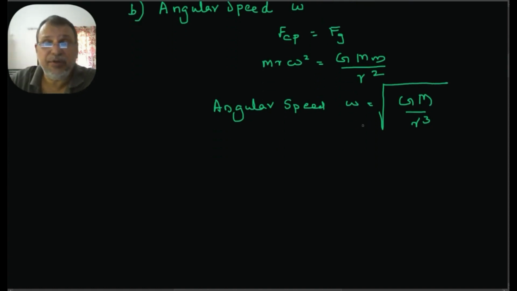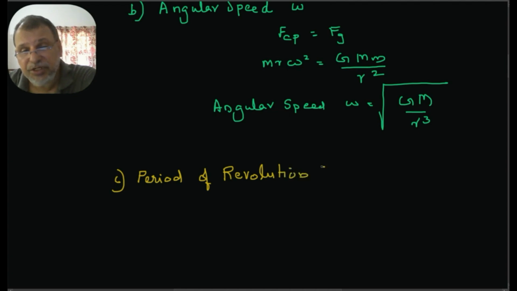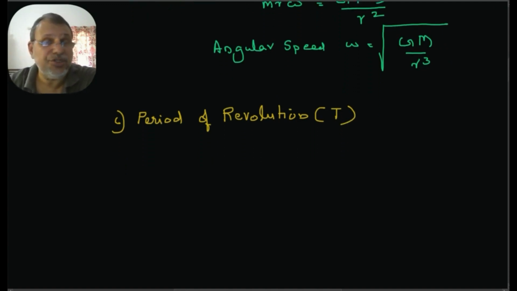Now we can get another equation. That is the period of revolution. Let's try the period of revolution now. So C, period of revolution, usually represented by the letter capital T. So this we can work out using the relationship.